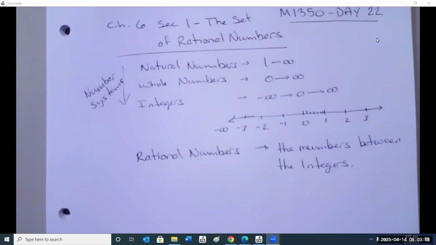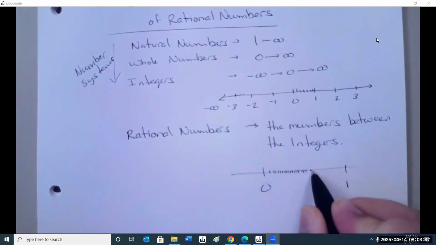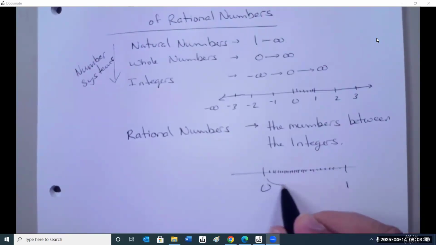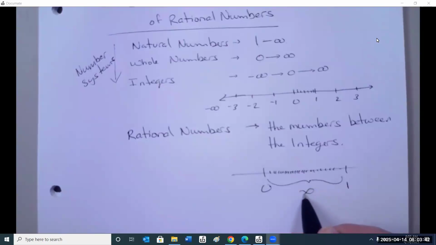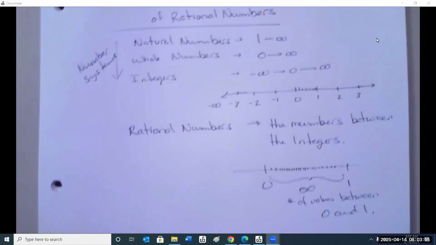We've just now exploded the number of data we have. There are an infinite number of values between 0 and 1.